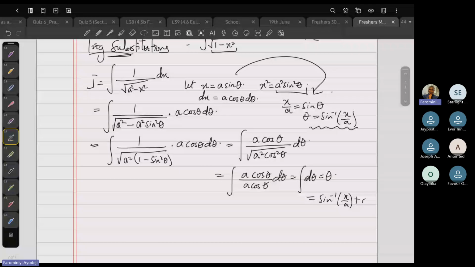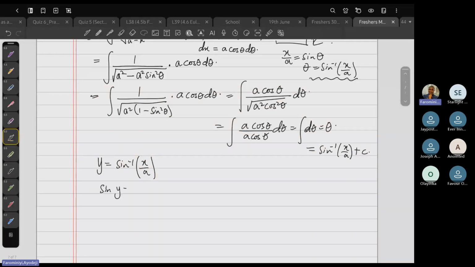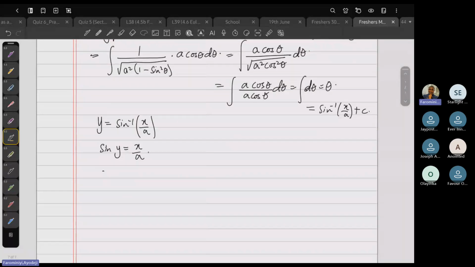So if we want to check if this is true, how do we do it? We try to differentiate this. There are different ways to do it. You can use the chain rule. You can also say sine y equals x over a. Then you say cos y dy dx is equal to 1 over a.